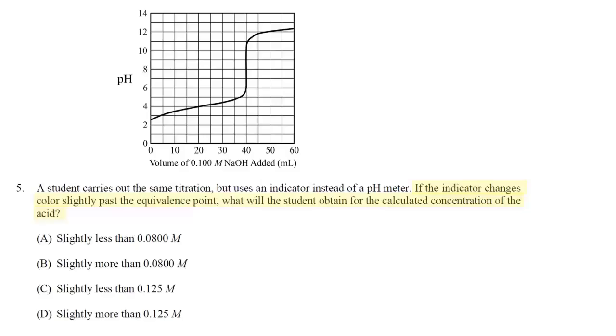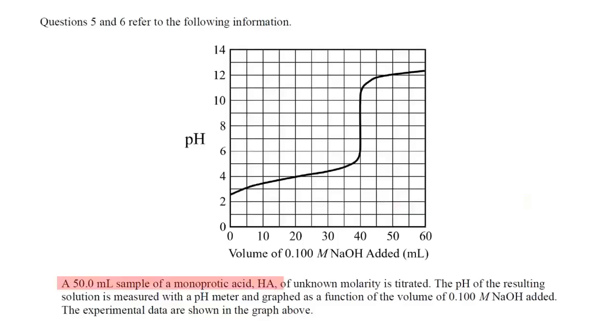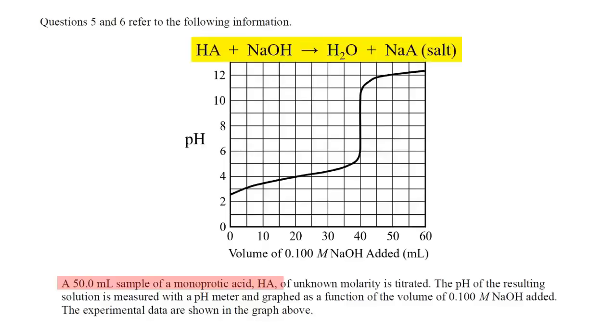Much in a similar way to question 4, we can figure out the number of moles of the base, and then that would be equal to the number of moles of the acid at the equivalence point. So I'm going to consider the fact that we know the volume of the acid, but not the concentration. We know the concentration of the base, and we know that because the acid is monoprotic, there is a 1-to-1 ratio of moles between the acid and the base.